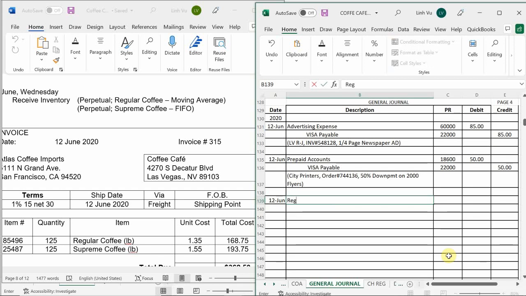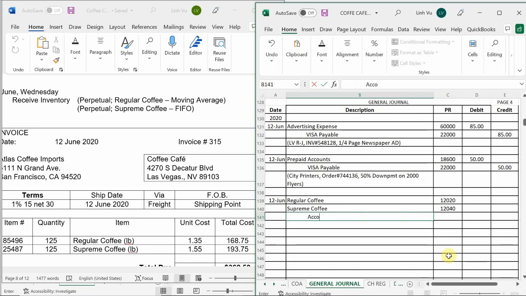So we have regular coffee. Okay. And we have supreme coffee. Okay. So regular coffee is account number 12020 and then 12040. And like we mentioned, we are not paying them now.